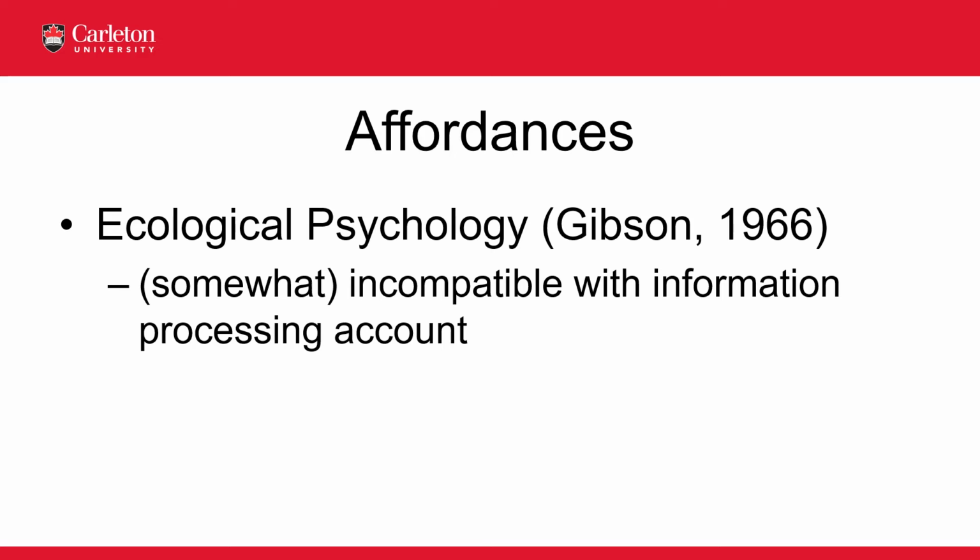Now, within ecological psychology itself, there are differing ontological commitments about what affordances are or how they're realized. But the point being that affordance research is somewhat incommensurate with an information processing description. So it's no surprise then that there's very little information processing descriptions or models available in the literature.